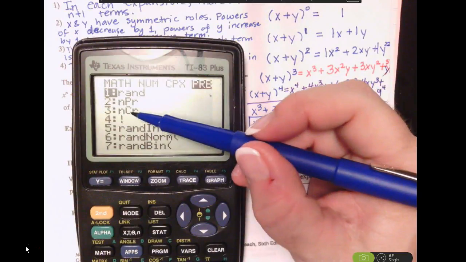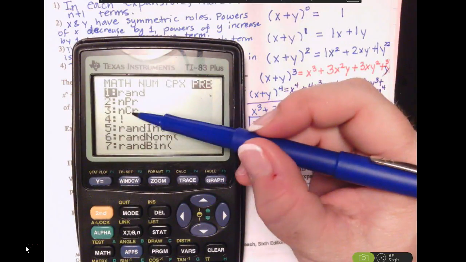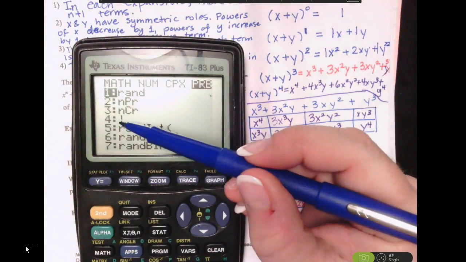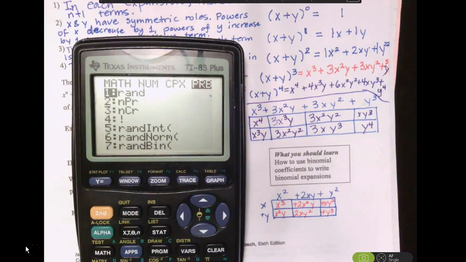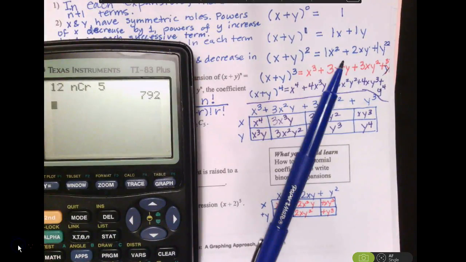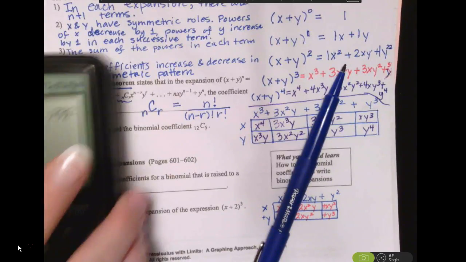So you see here you have this option right here, a combination of n things taken r at a time. This is where your factorial button is as well. So we're not going to get really into probability and statistics in this course, but we will use combinations for this purpose. Okay, so I had to play around with that button a little bit to make sure I know how to work it.